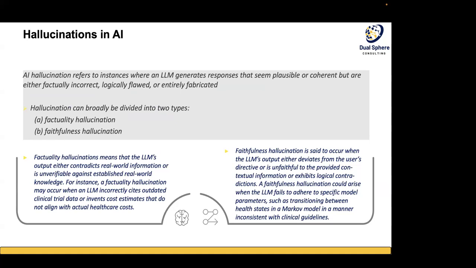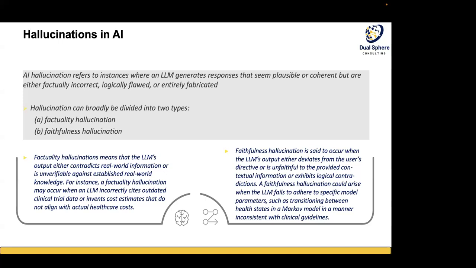We have discussed hallucinations in AI. Just two terminologies I will read out to you. There is factuality hallucination and faithfulness hallucination. What is factuality hallucination? It means the LLM's output either contradicts real-world information or is unverifiable against established real-world knowledge. It occurs when the LLM incorrectly cites outdated clinical trial data or invents cost estimates that do not align with actual healthcare costs.